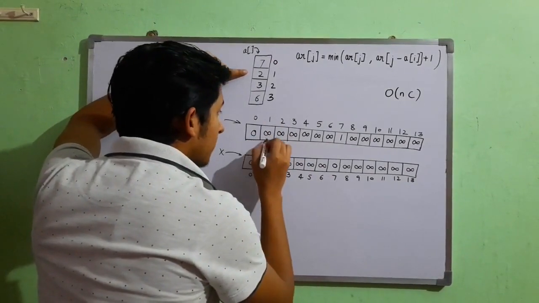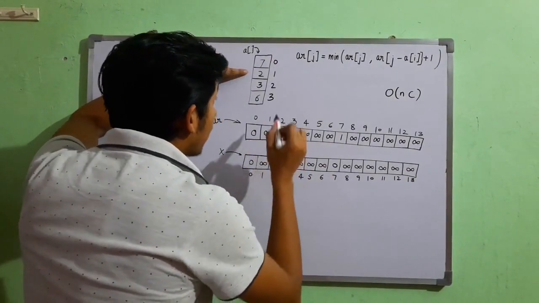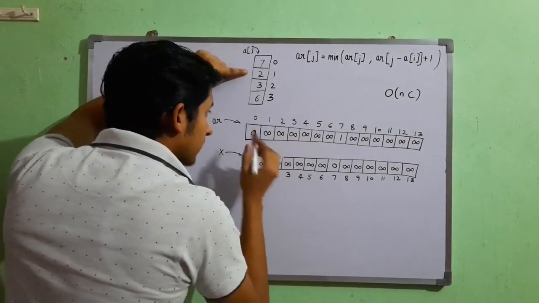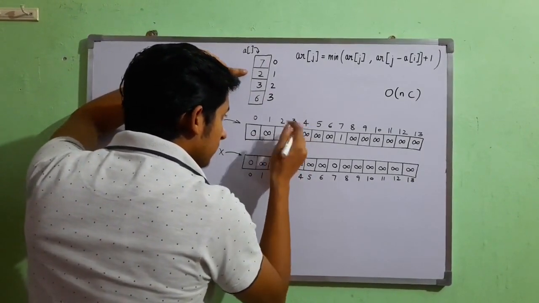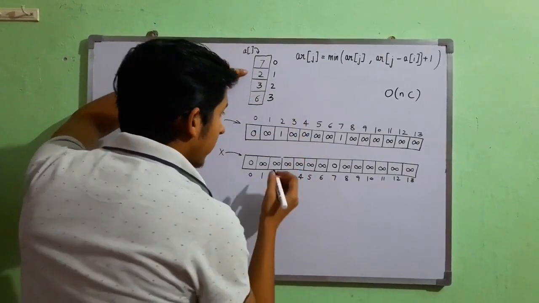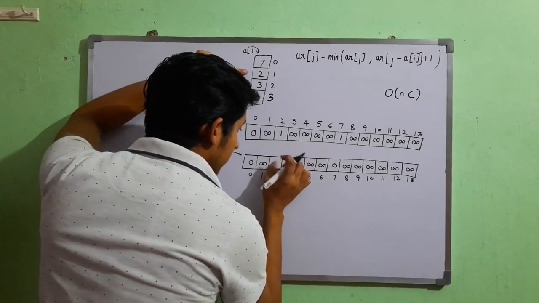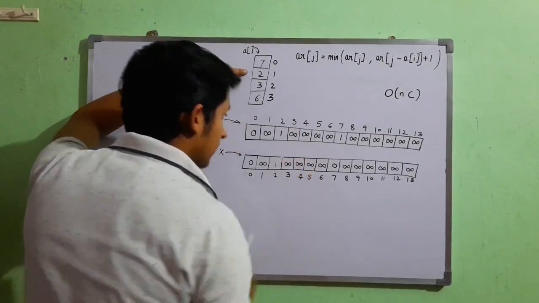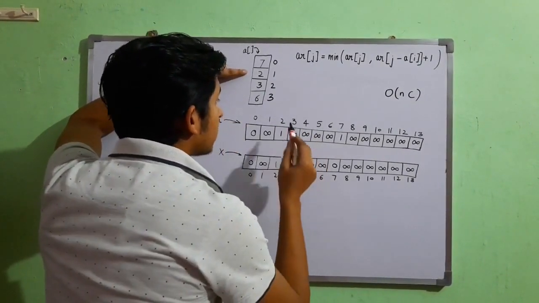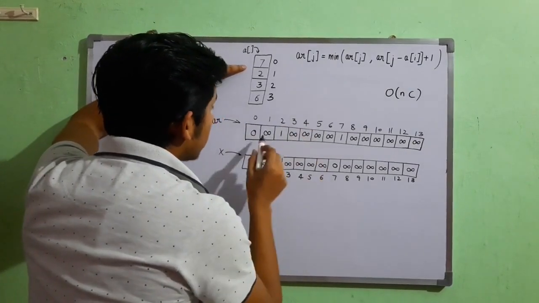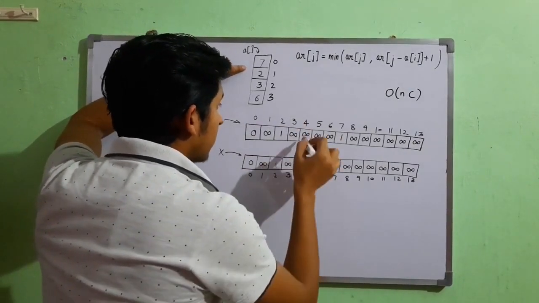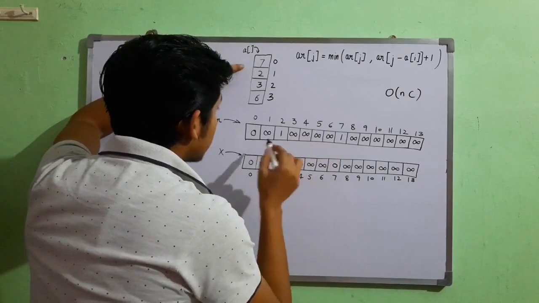No update, no update. Here, infinite or 2 minus 2, this plus 1. And here 1. Here infinite or this plus 1. This. Infinite or this plus 1.